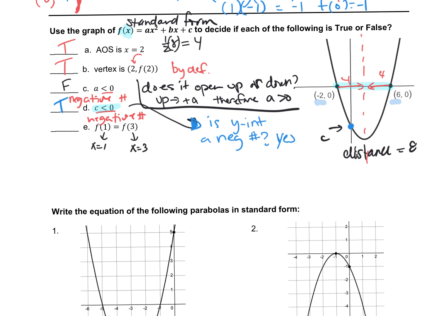And what you're looking for, your point, remember, f of 1 is the y value, so I have 1, comma, f of 1 is this point. And here we have parentheses 3 and f of 3. So these are 2 points. We're going to see if these points are equal, which means according to our definition, they must be equal distance from the axis of symmetry.